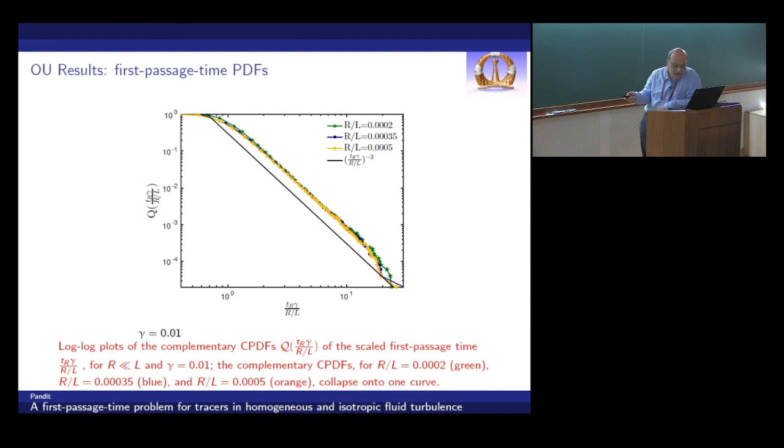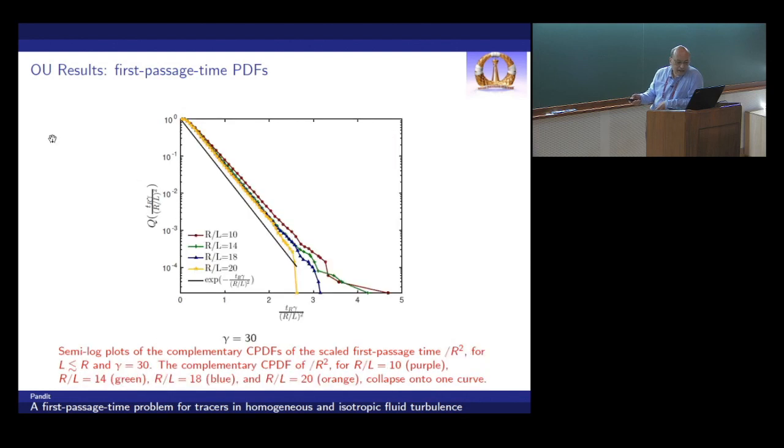And this is in the regime where R over L is much less than 1. Given that we have a very simple model now, we can go to much smaller values of R over L than we could earlier. All right, and here's the same minus 3 power law. And if I let R become greater than L, which I have not defined, but it can be defined in terms of the parameters of this simple model, you get an exponential form, okay?